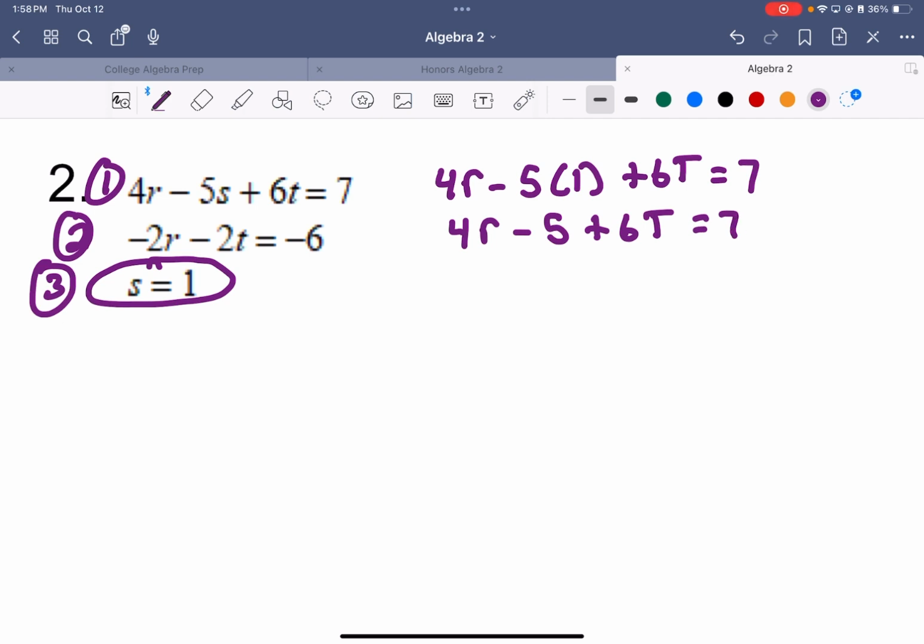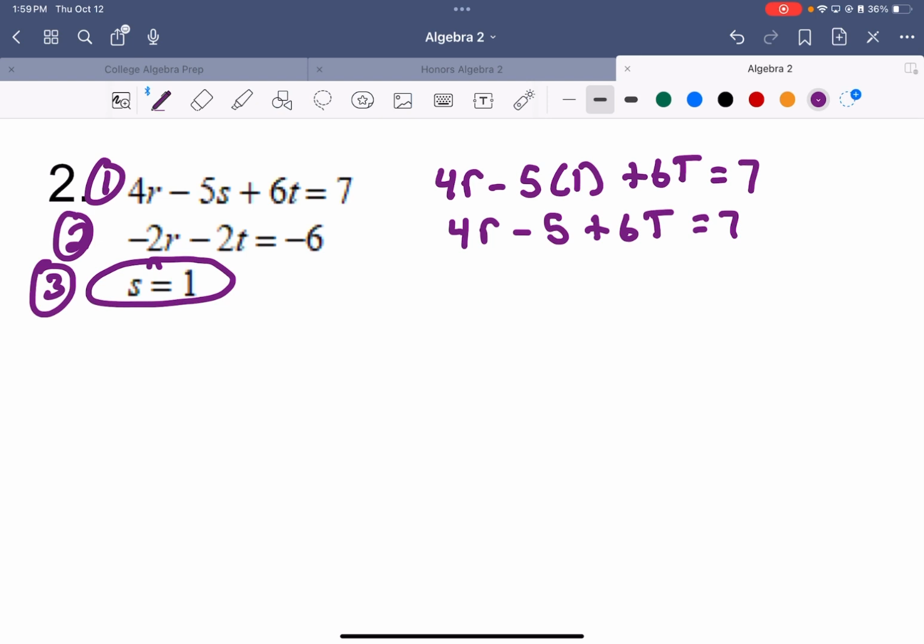Now, at this point, what I'm doing in my brain is I'm looking at this other equation, this one right here. And I notice that it has 2 variables. My second equation has 2 variables. I want to rewrite this one so it looks like this one.